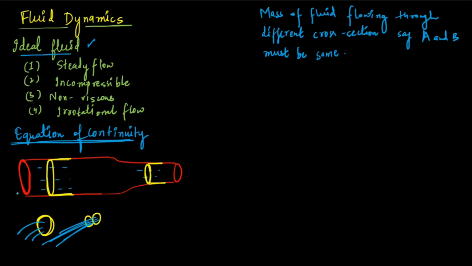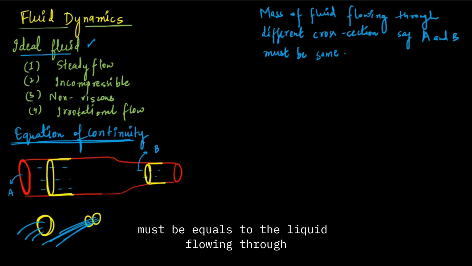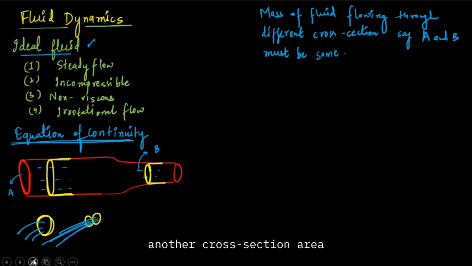So what we know is whatever amount of liquid is flowing through that cross section area must be equal to the liquid flowing through another cross section area.